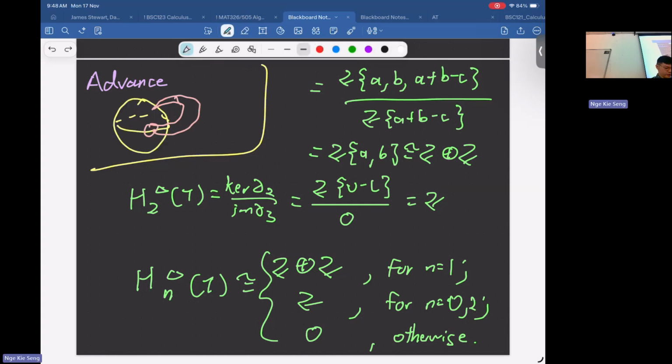When you do some surgery, you puncture your sphere, and then you attach a handle to it. Then this is the torus.